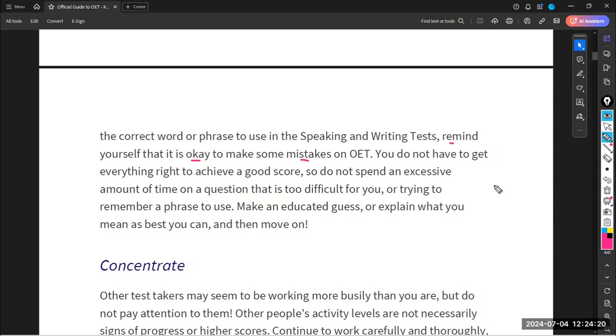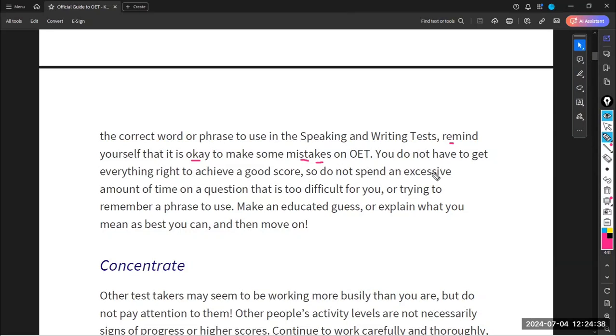So committing mistakes is something normal. These kinds of exams, Joel, are not about getting the full mark, because they just check your proficiency in the English language overall.